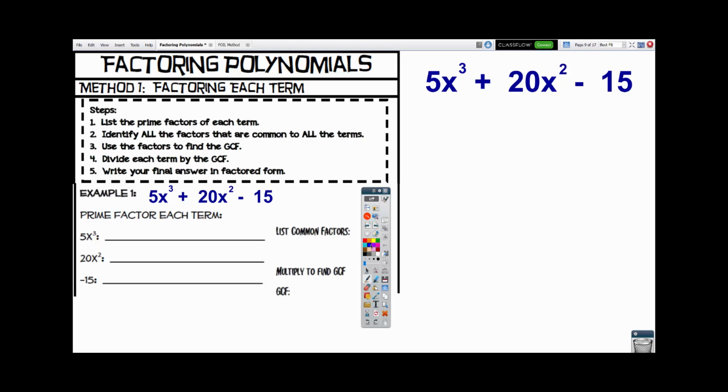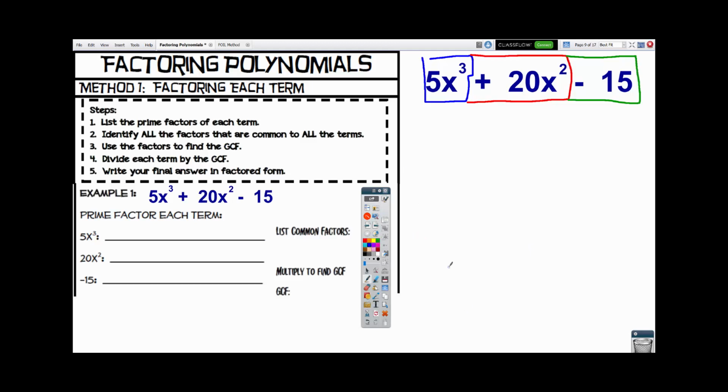So I'm going to box these all the same. Again, because it's a trinomial, we have 3 terms that we need to write as prime factors.